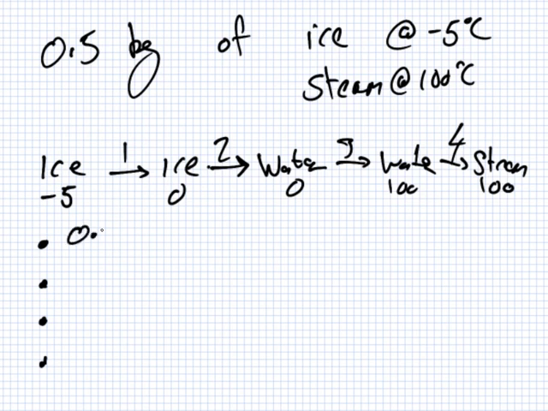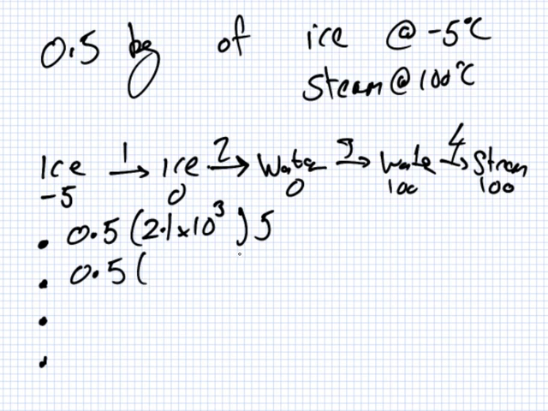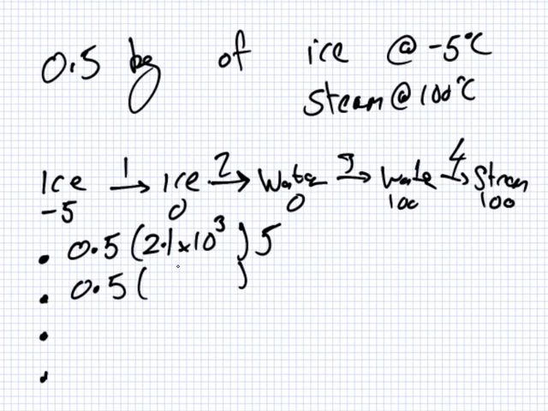What is the heat capacity of ice, please? 2.1 times 10 to the 3. Right, now ice to water, that's the ml, that's the latent heat. The delta theta is 5 degrees, mc delta theta. Now ml, what's the latent heat of fusion of ice? 3.34 times 10 to the 5.